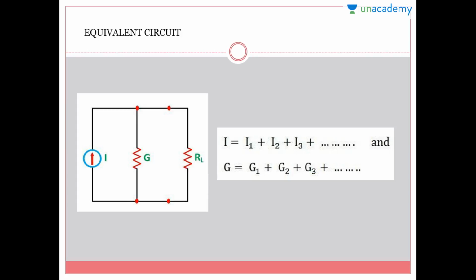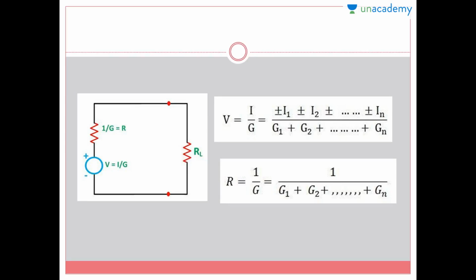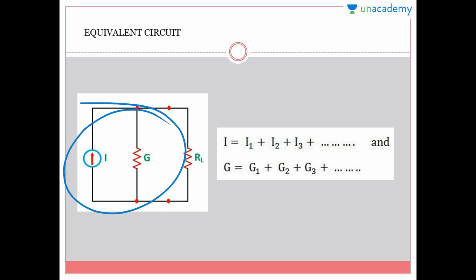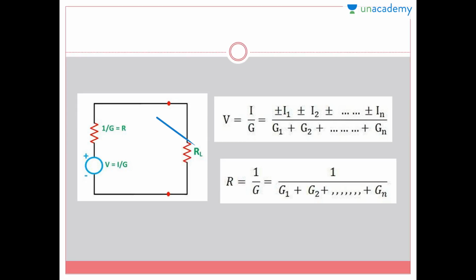Next, the resulting current source we need to convert into a voltage source. So I am using voltage transformation here, converting this current source along with the resistance into a voltage source along with the resistance.